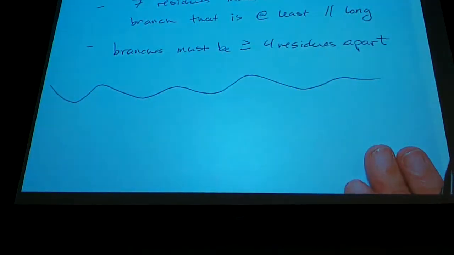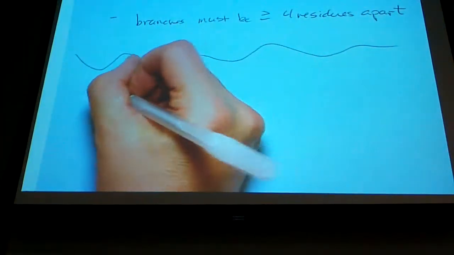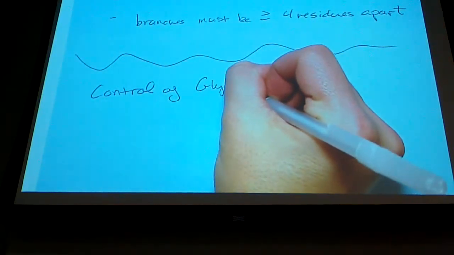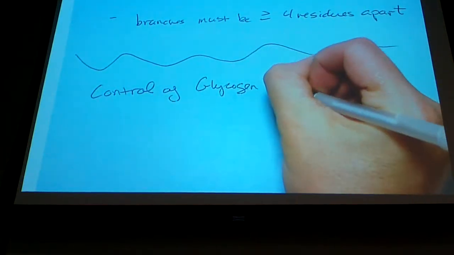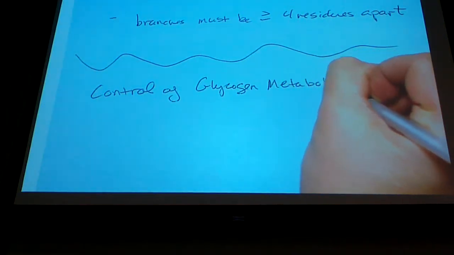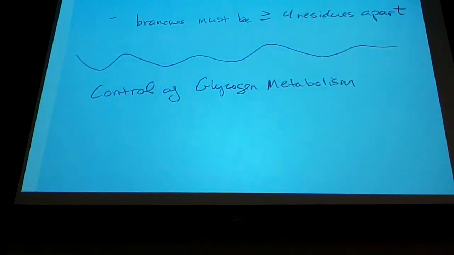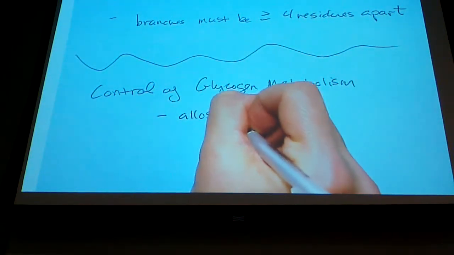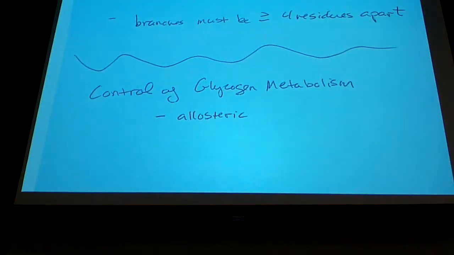Okay. Control of glycogen metabolism. We're going to see examples of allosteric control. That's some inhibitor or activator that binds to an enzyme in our pathway at some site other than the active site.